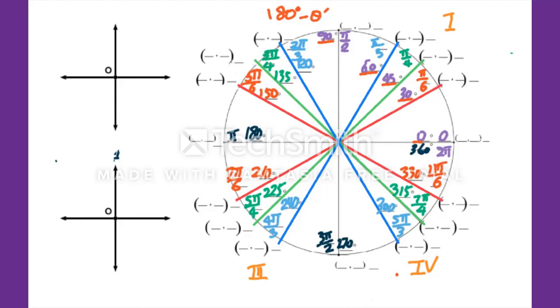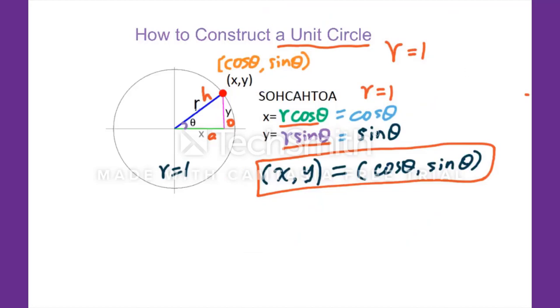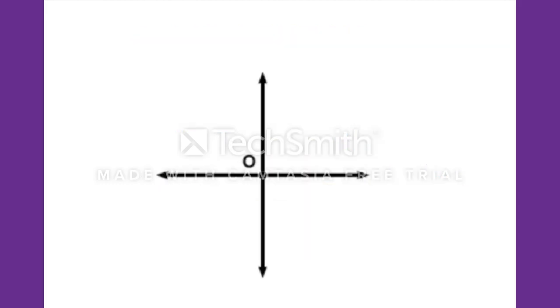Now let's work on the coordinates for each point. First of all, we already figured out here for a unit circle, the coordinate will be cosine theta, sine theta. Let's discuss the coordinates for each quadrant.